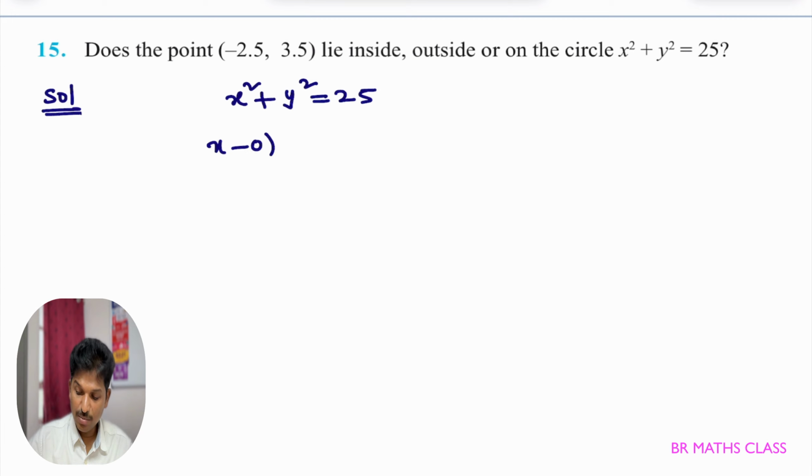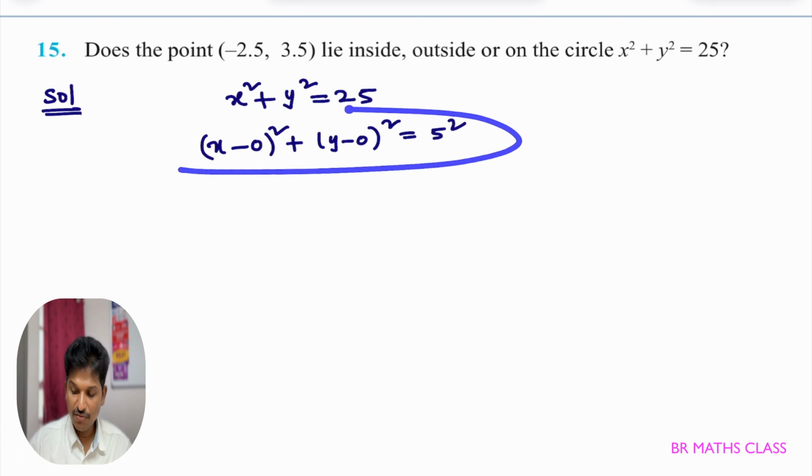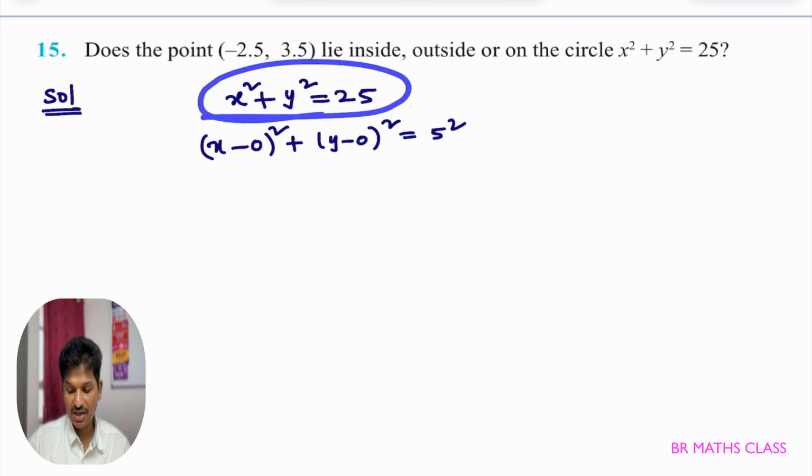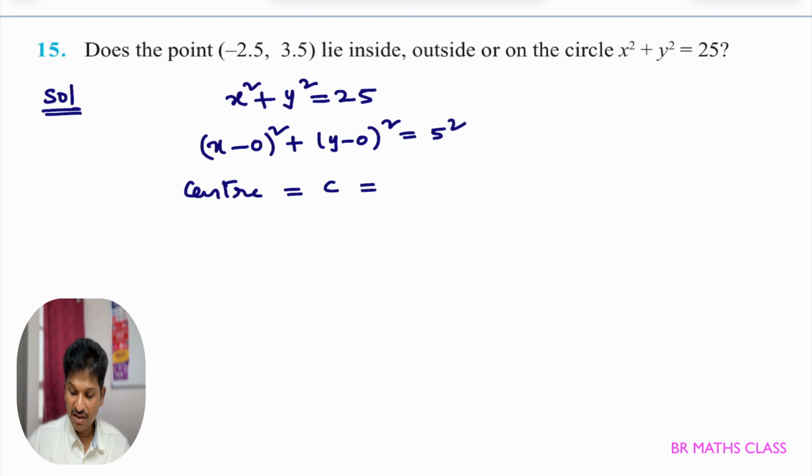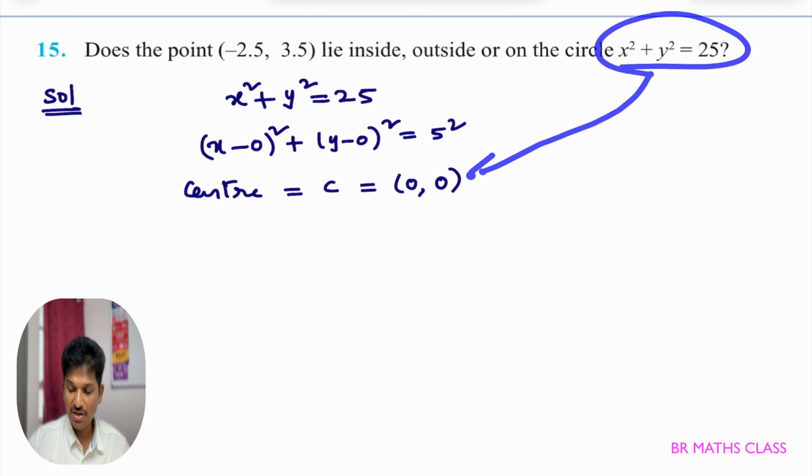This x square can be written as (x minus 0) whole square. y square can be written as (y minus 0) whole square. This 25 can be written as 5 square. Now this is in the form of (x minus h) whole square plus (y minus k) whole square equal to r square. So what is center of this circle? Center of this circle is 0, comma 0. Center, I'll take it as C.